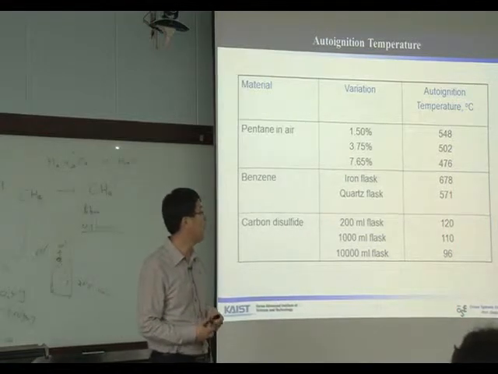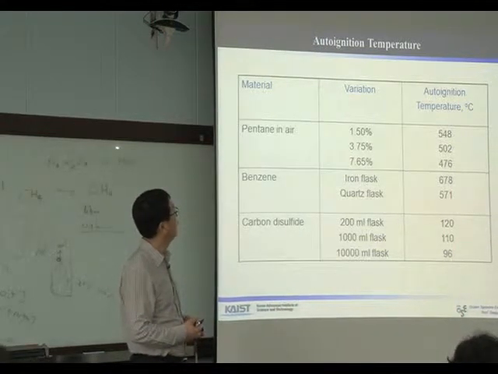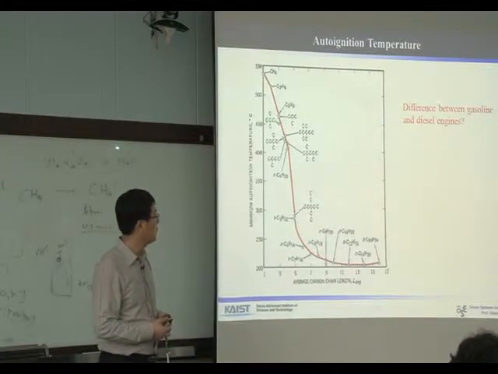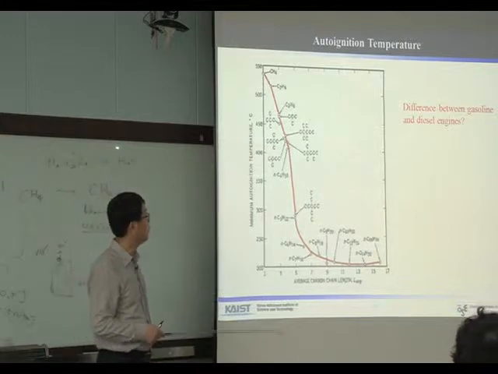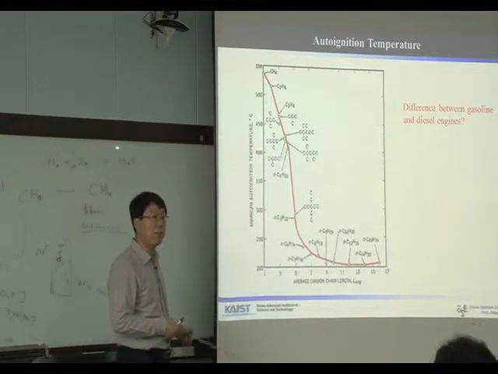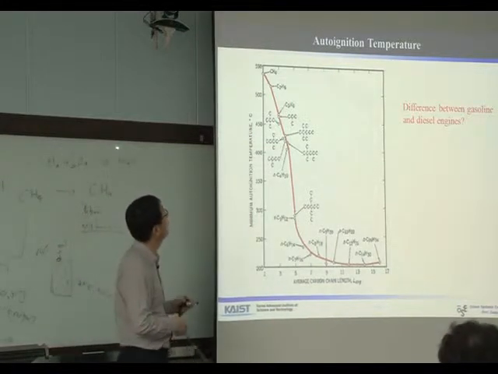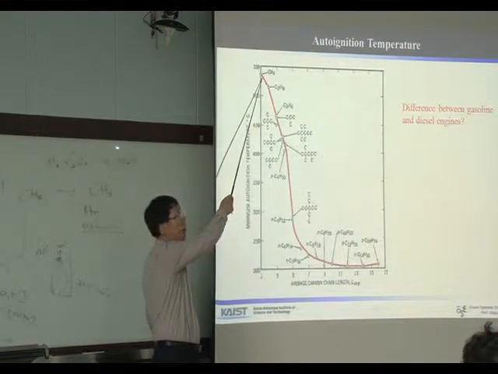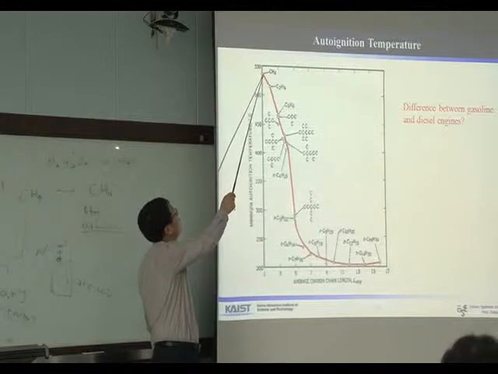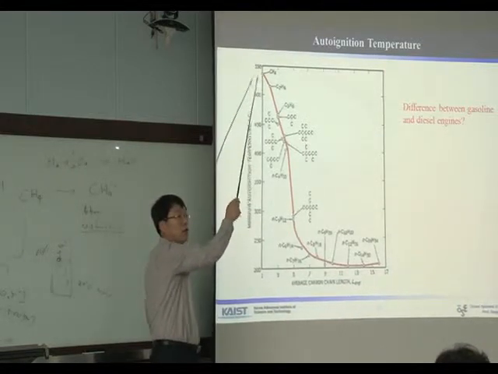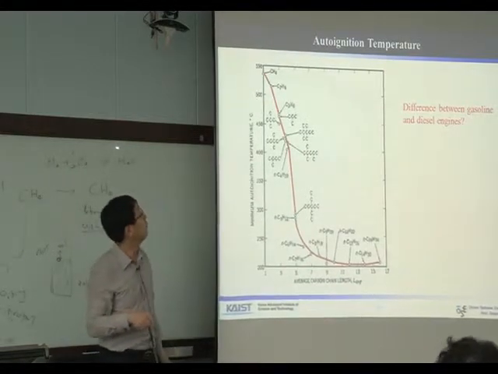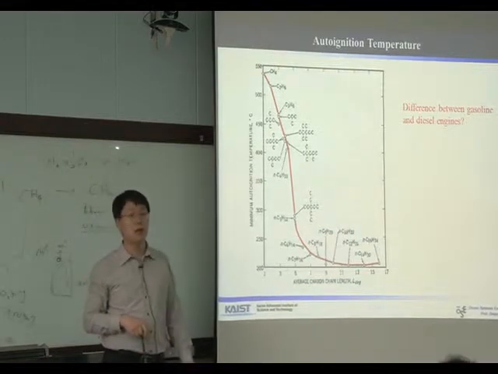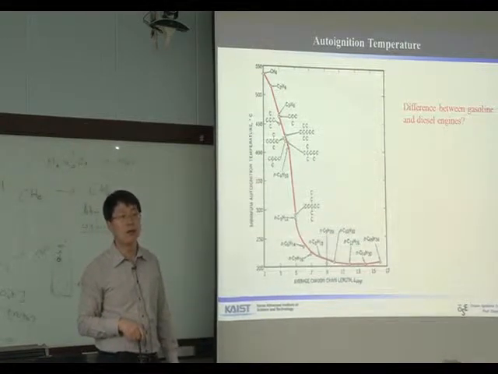It's a very complicated function of other things. So this is the auto-ignition temperature of some hydrocarbons. Here we have methane. What is its auto-ignition temperature? It's around 500, maybe 530. It's very high.